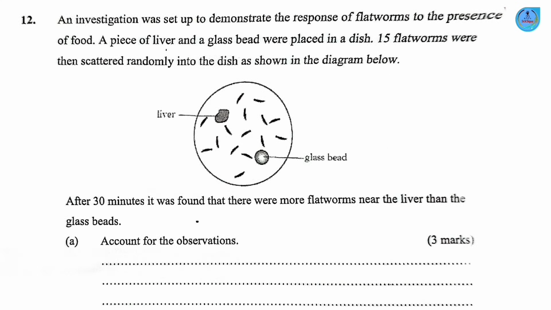After 30 minutes, it was found that there were more flatworms near the liver than the glass beads. Okay, so clearly the flatworms were moving towards where the liver is. Part A. Account for the observations. Now, the movement of the flatworms is based on chemotaxis. Okay, specifically positive chemotaxis.